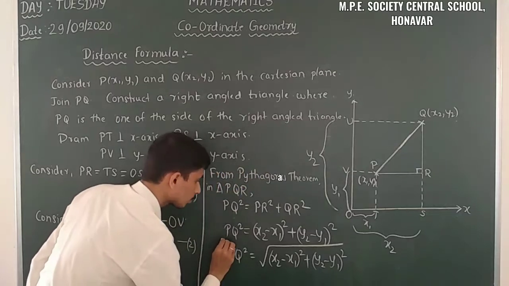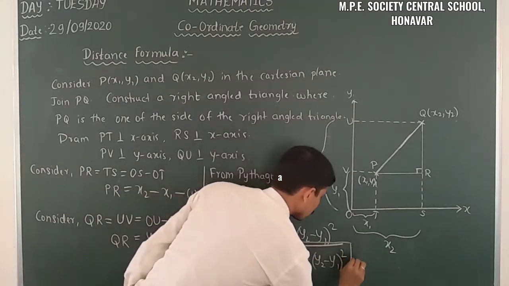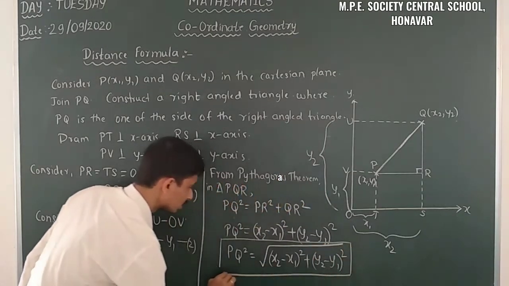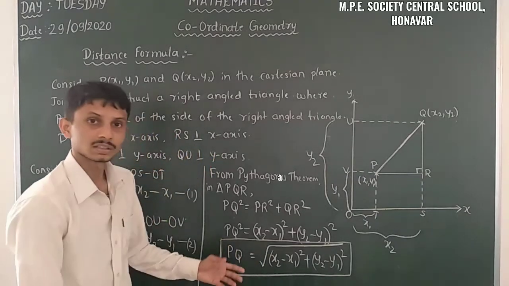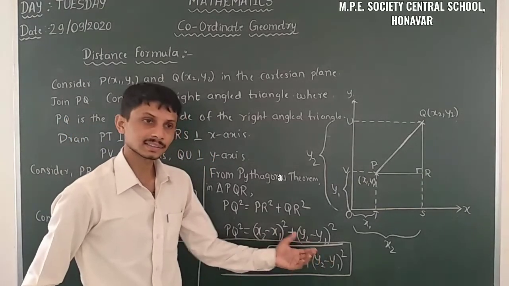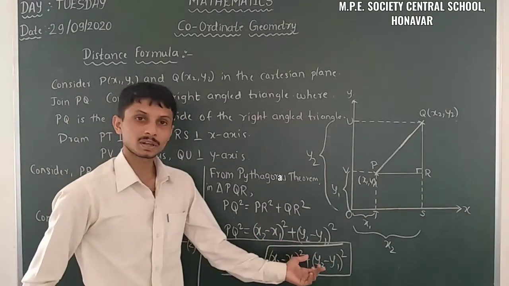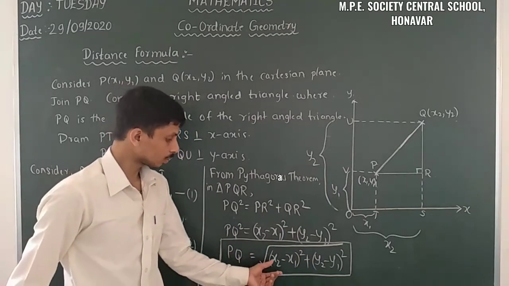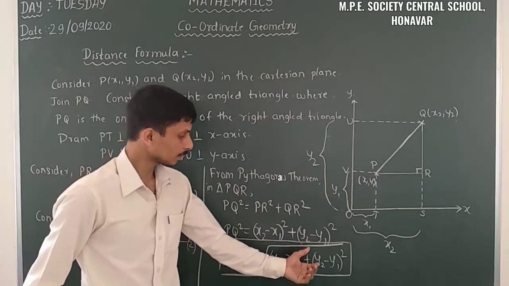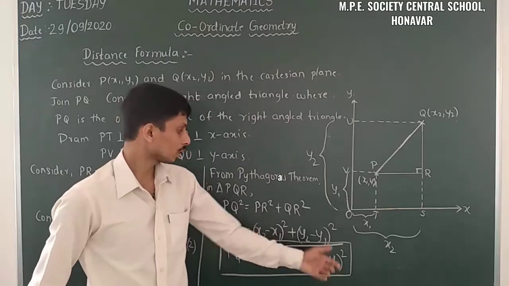So this is the formula we can use. When we transpose this square to the RHS, it becomes a square root. So PQ is equal to square root of (X2 minus X1) whole square plus (Y2 minus Y1) whole square.